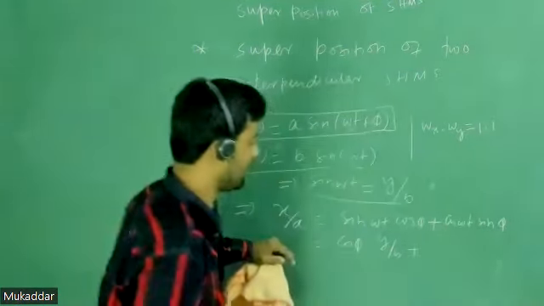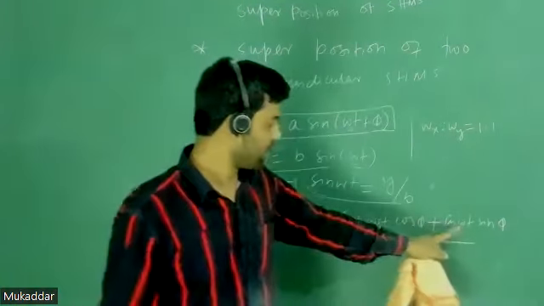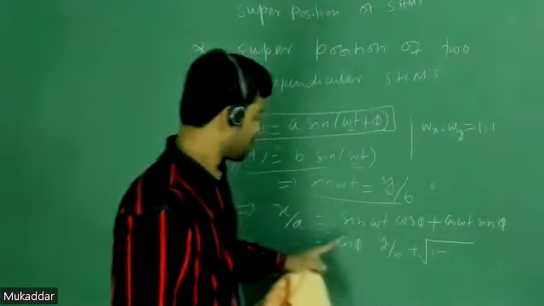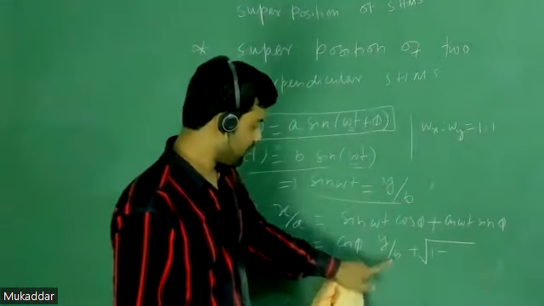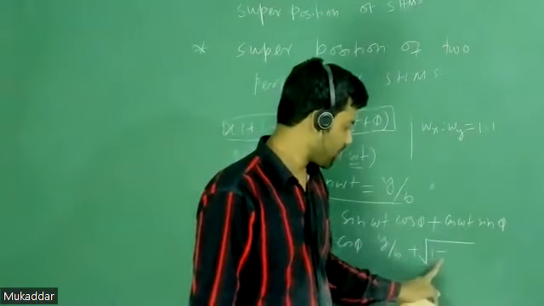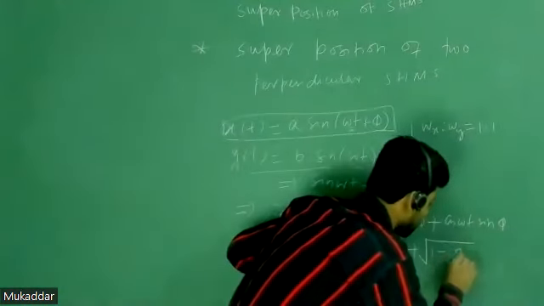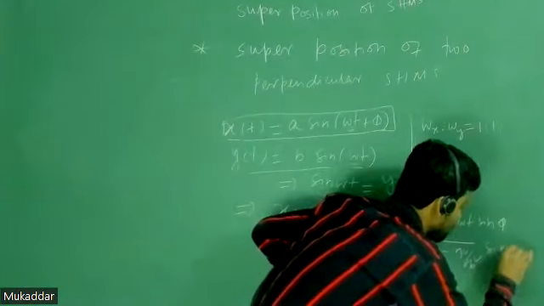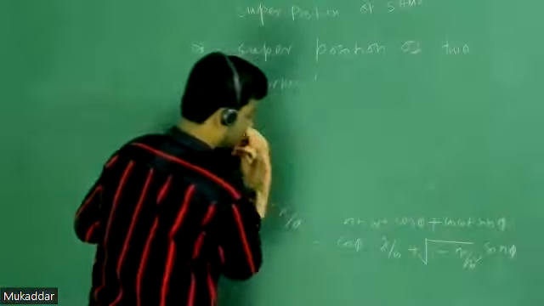And cosine of omega t, that we can write as square root of 1 minus... cosine के जगह पे क्या लिख सकते हो आप? स्क्वायर रूट ऑफ 1 माइनस साइन स्क्वायर omega t. साइन omega t की वैल्यू आपका कितना है? y बाई b है, तो यहाँ y बाई b सब्स्टिट्यूट कर दिया मैंने. यहाँ पे cosine omega t, that I can write square root of 1 minus sine square omega t, and sine square is how much? y square by b square, and then you have sine of phi.